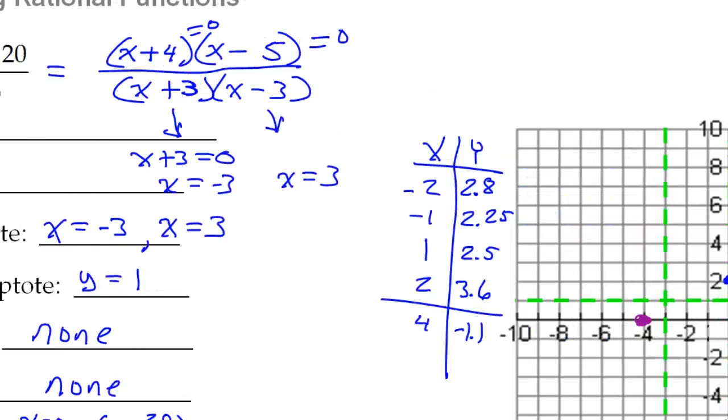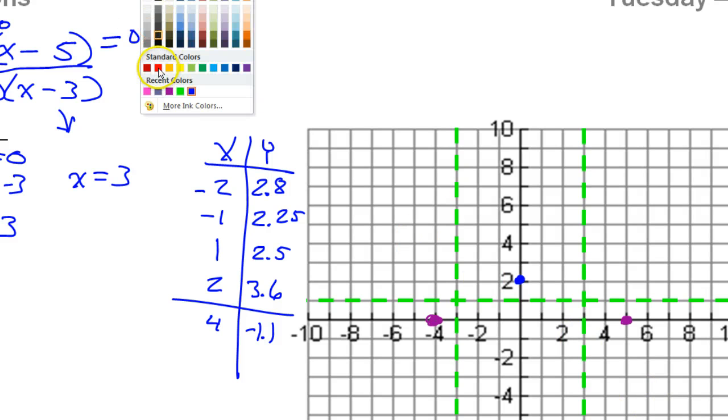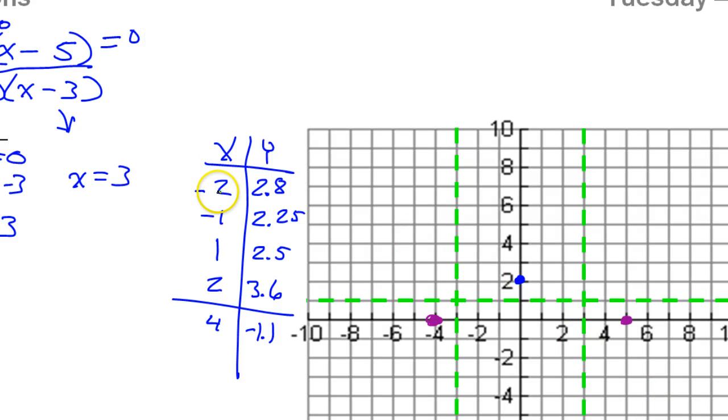Let's plot these points and see where we are. At -2, we got 2.8. So here's -2, and here's 2.8. It's almost 3. At -1, we're at 2.25, so -1 is 2 and like a quarter.